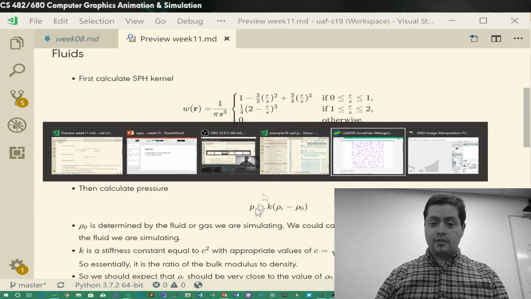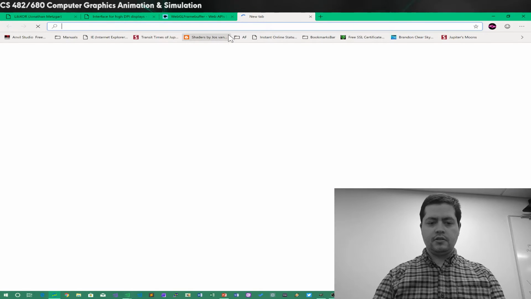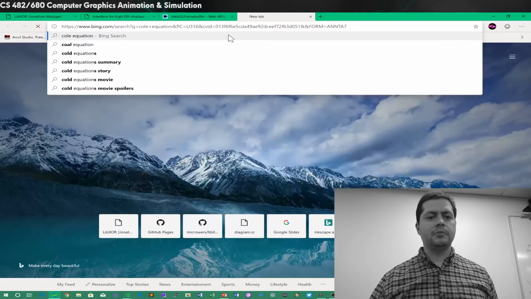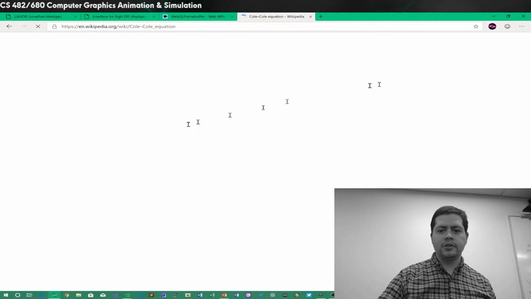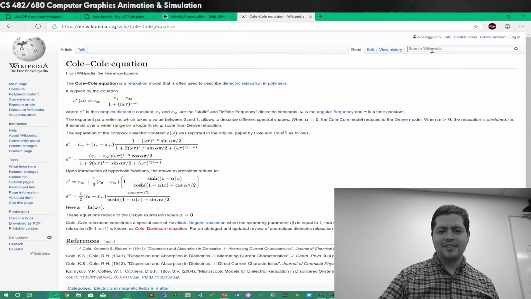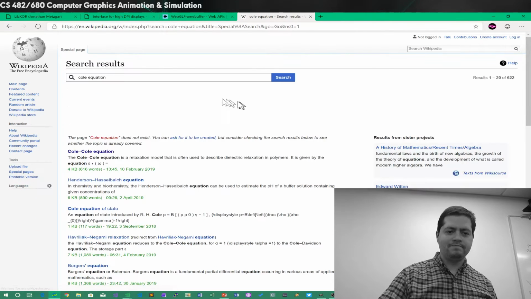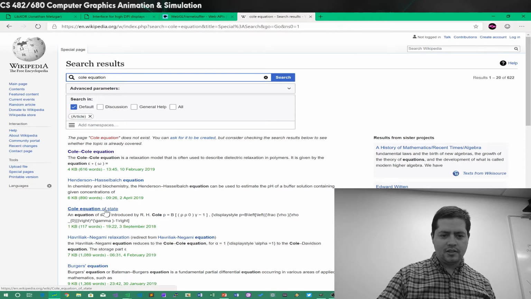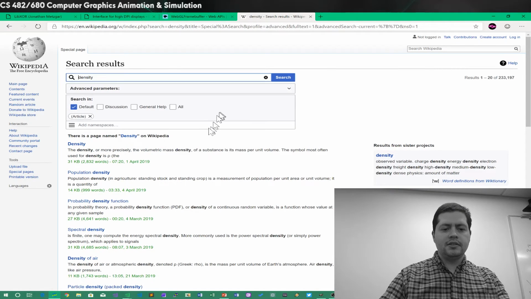It's kind of fun to look this stuff up, because I'm like, well, what's the Cole equation? I don't want the Cole equation. Let's look up density.